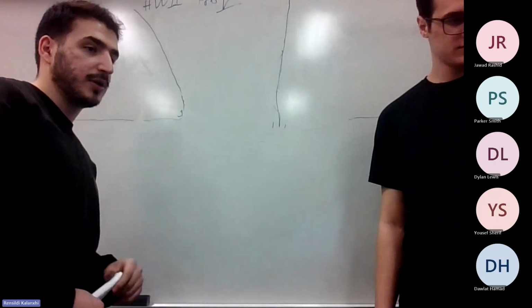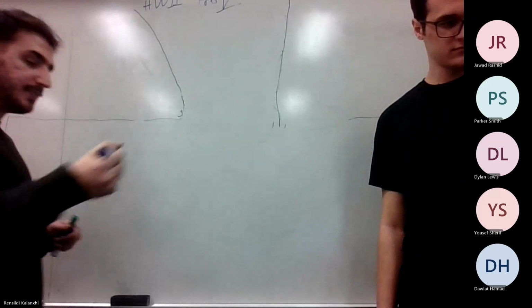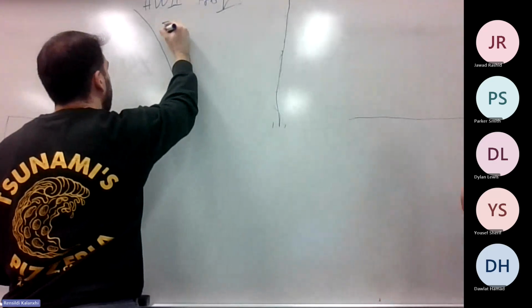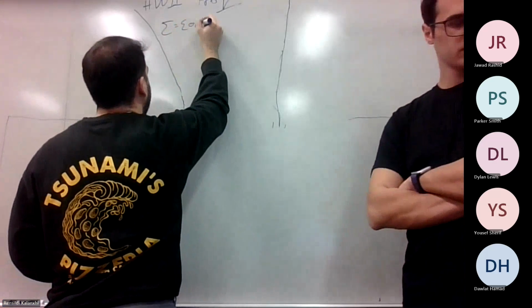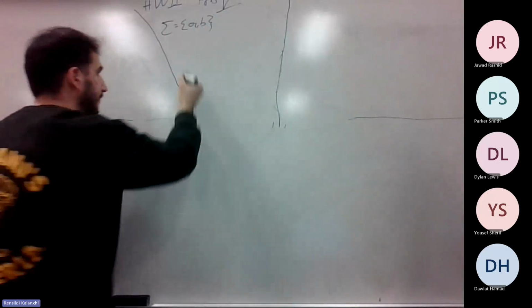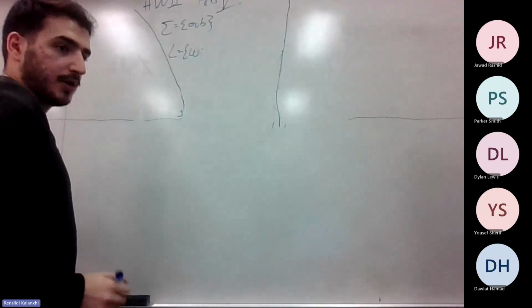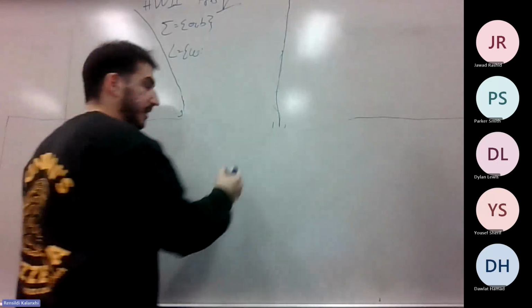Find DFAs for the following language on the alphabet A and B. The language is: every run of A's has length either 2 or 3.